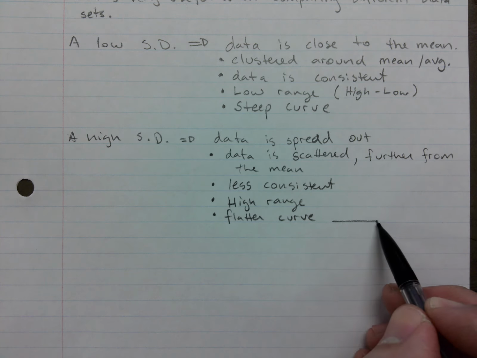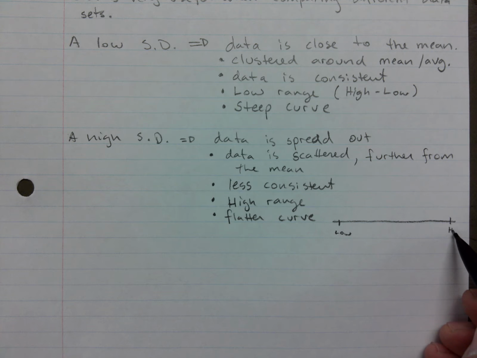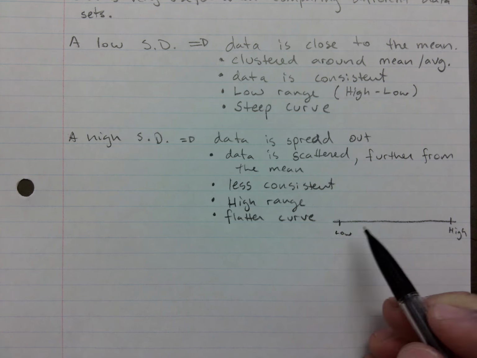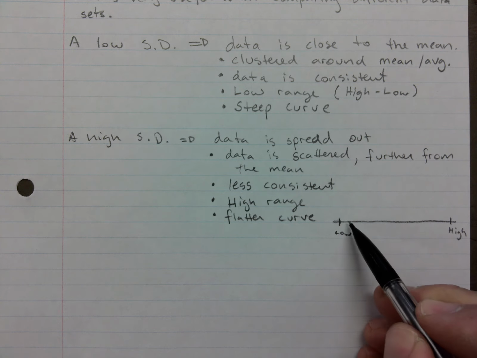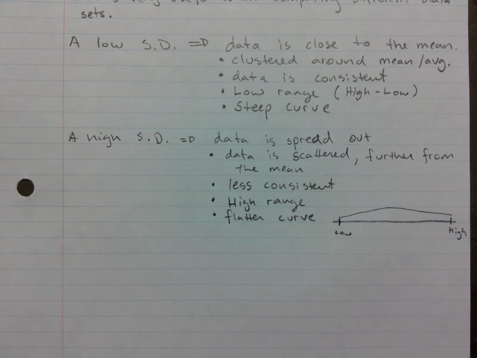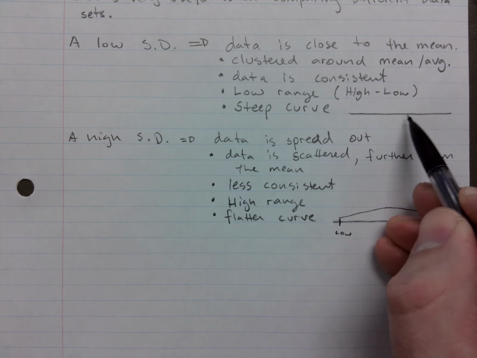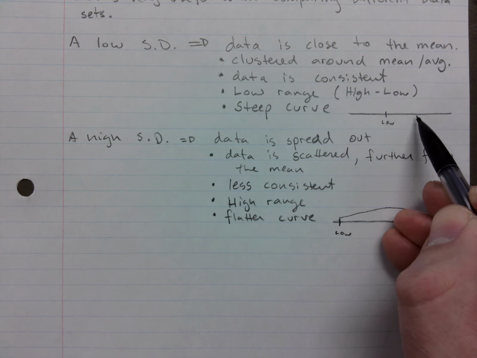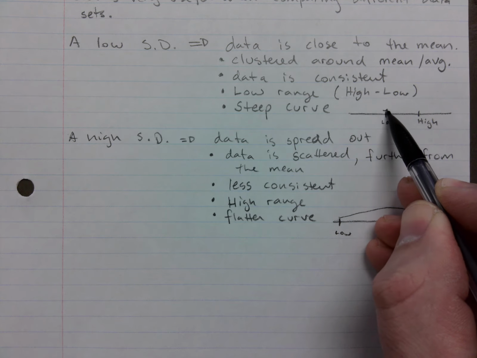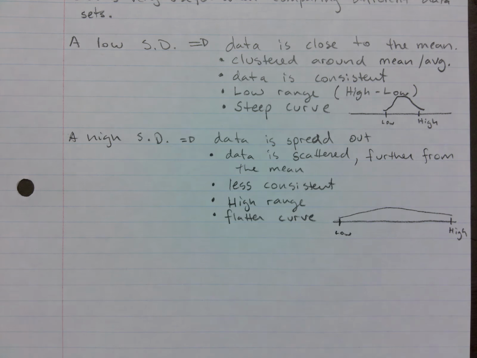So watch this. Let's make a line here. This is the low, this is the high. Because you only have so many cases, right, that you can consider. So the low and the high, this will be like a flat curve like this. Okay? Versus the steep curve, if you have your line here, the low and the high, we're going to exaggerate it a bit, right? They're closer together, so you have a steeper curve like that.